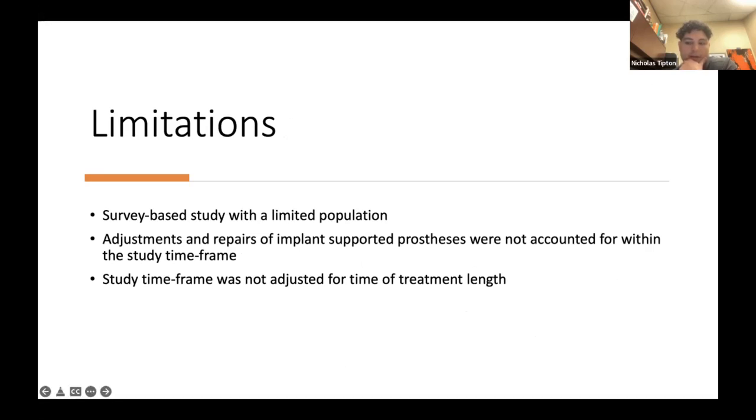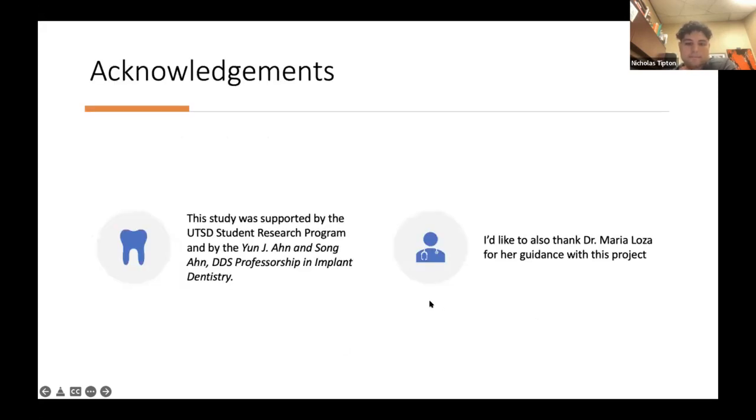And so it may change the data a little bit. And you also have to keep in mind that patients that got the prosthesis in 2009 may be very different with the amount of complications they deal with compared to the 2019 patient.